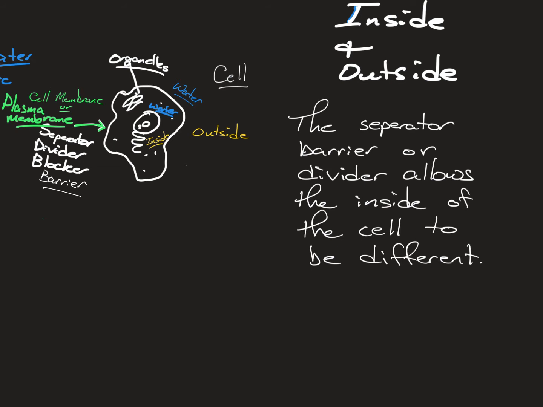So because these barriers, these separators, these dividers create different rooms, right, different compartments, the cell is the big room, right? So this is a cell. It's a big room. But each one of these organelles is another little room we call compartments, all right? So by creating compartments, we can create different conditions, different chemical conditions.